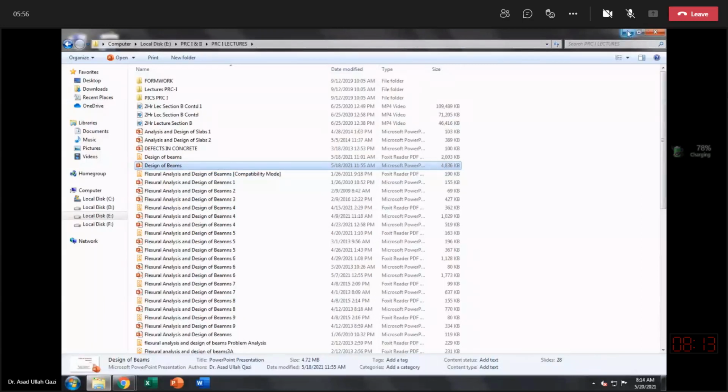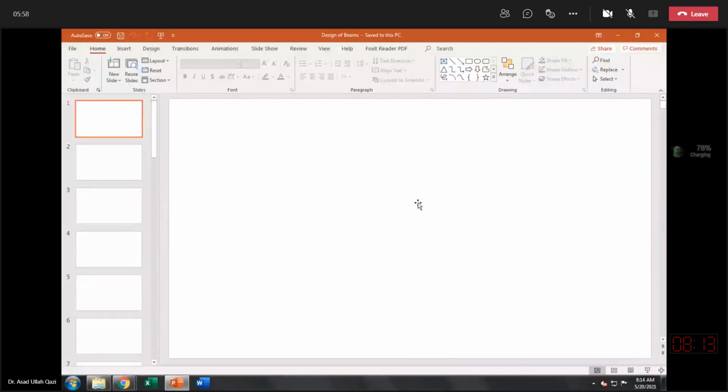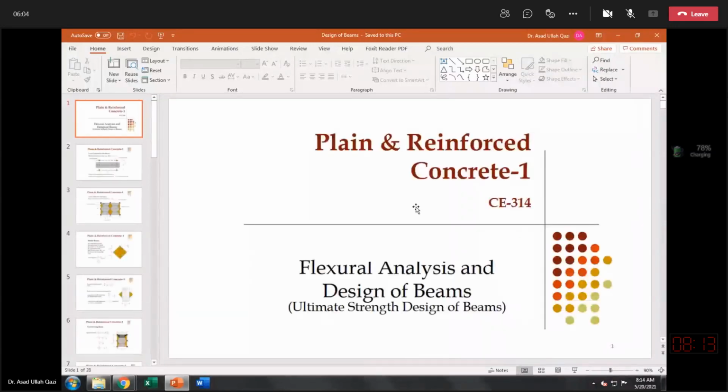So in today's lecture we want to first estimate the load carried by the beam, and then after getting load on the beam we want to design it.